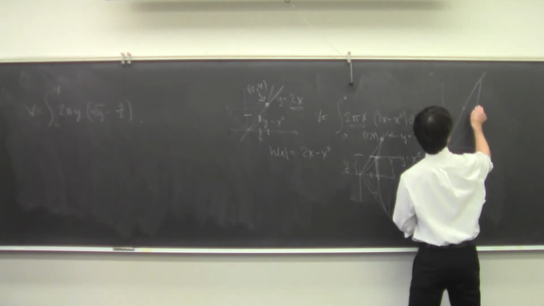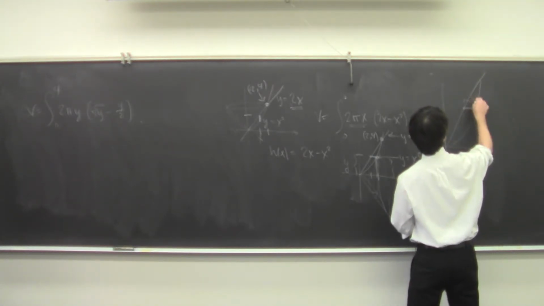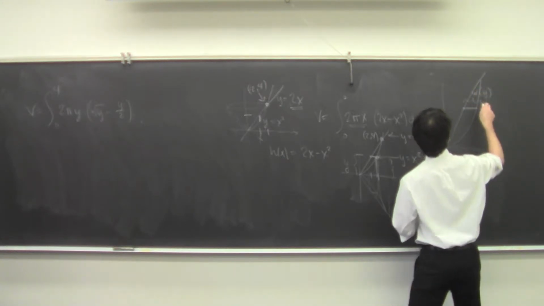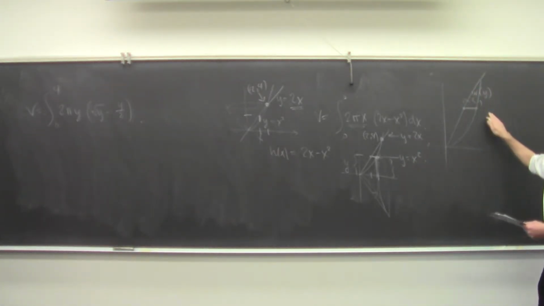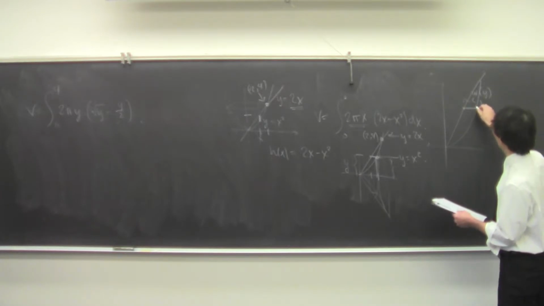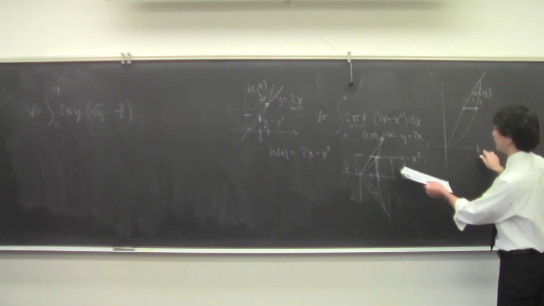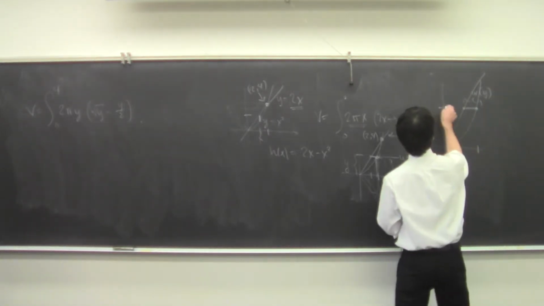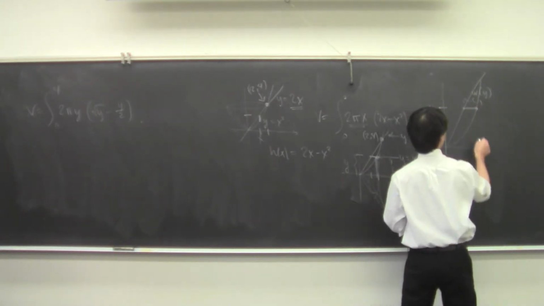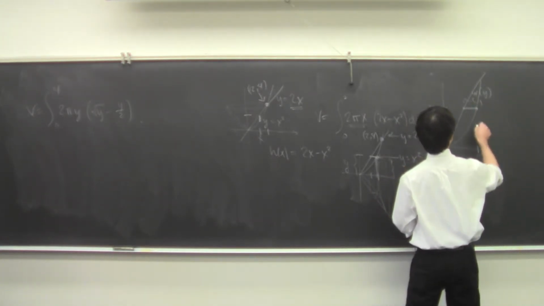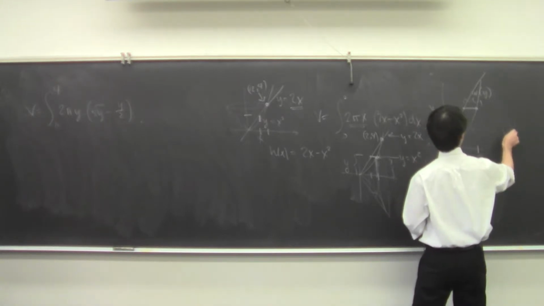You want this width at height y. So my x value over here is the square root of y, because we know that y equals x squared.